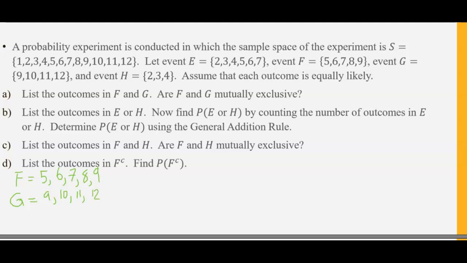Okay, so we did the first part. We listed the outcomes in F and G. Now, are they mutually exclusive? That's a definition. To be mutually exclusive means they have to have nothing in common. Looking at F and G, there is something in common. They both share this 9.